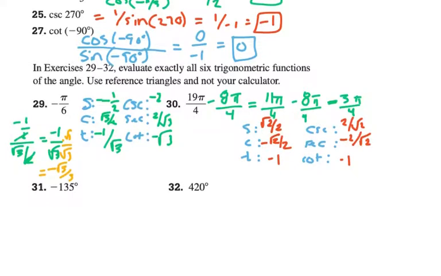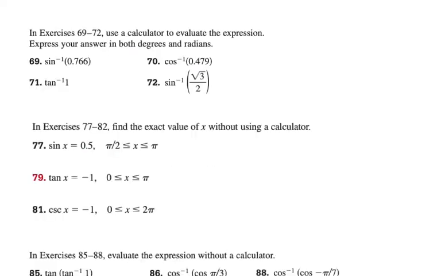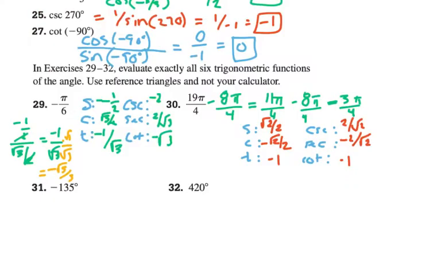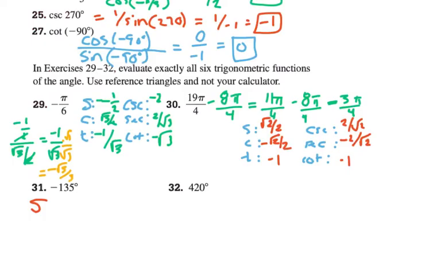Alright. Then we have our next one, 135 degrees. So going back to our unit circle, 135 degrees is the same as 3 pi over 4. Oh wait, it's negative. So that's over here, which means that the sine and the cosine are the same number this time.